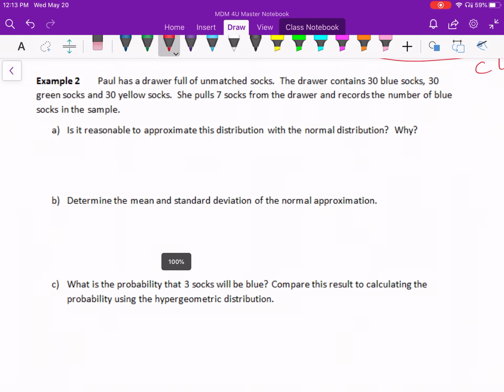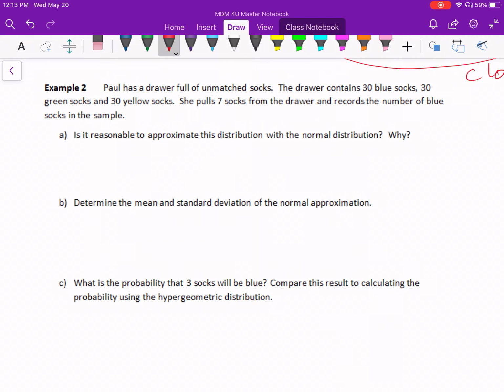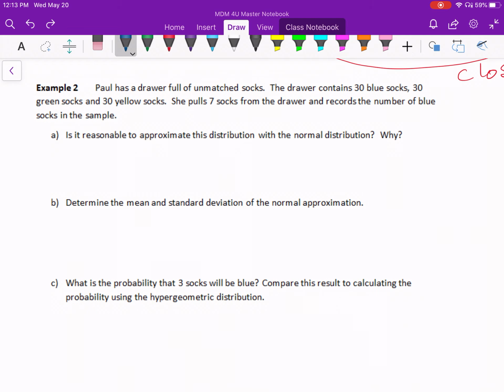Okay, one more example. Paul has a drawer full of unmatched socks. The drawer contains 30 blue socks, 30 green socks, 30 yellow socks. So, all in all, Paul has 90 socks, doesn't he? So we call that capital N, N equals 90.